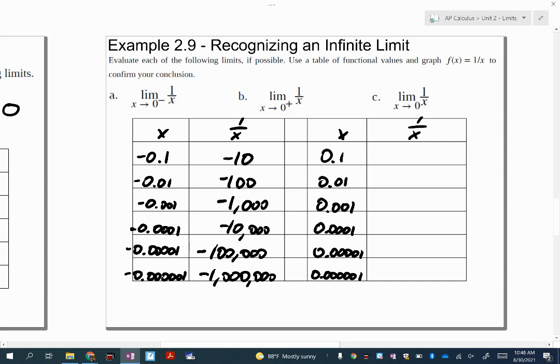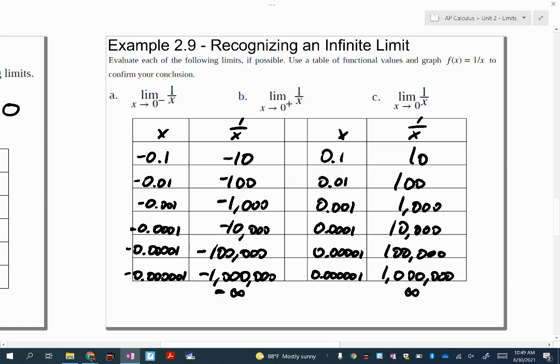You just keep adding zeros. Same thing on the right side: positive 10, positive 100, 1,000, 10,000, 100,000, all the way to 1 million. So we are approaching negative infinity from the left of it and positive infinity from the right of it.